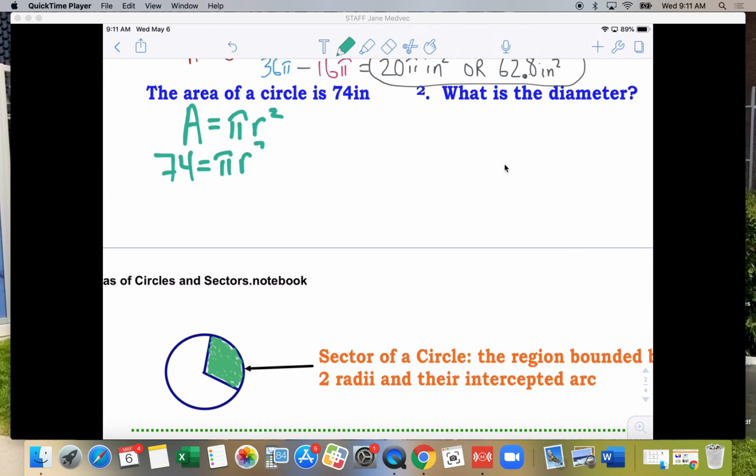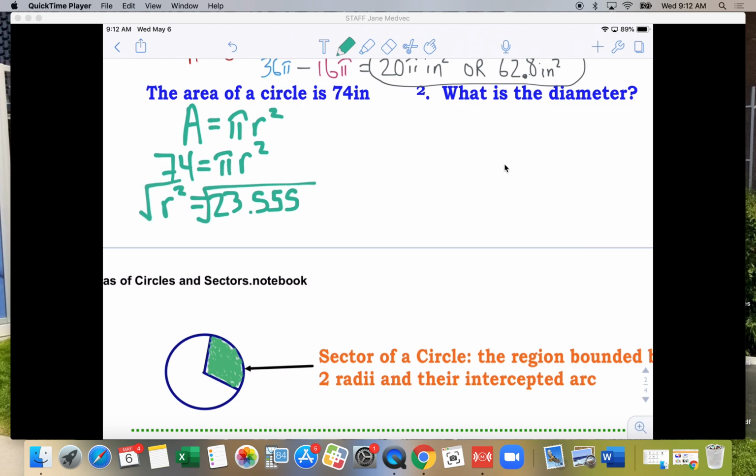They want to know the diameter. The process is to find the radius first. To do that, I would divide both sides by 3.14, so the radius squared equals 23.555. Again, keep it large in your calculator. You can abbreviate it in your work.